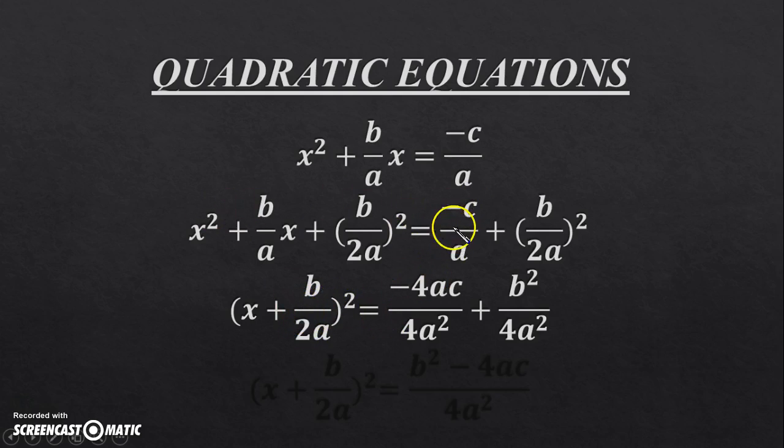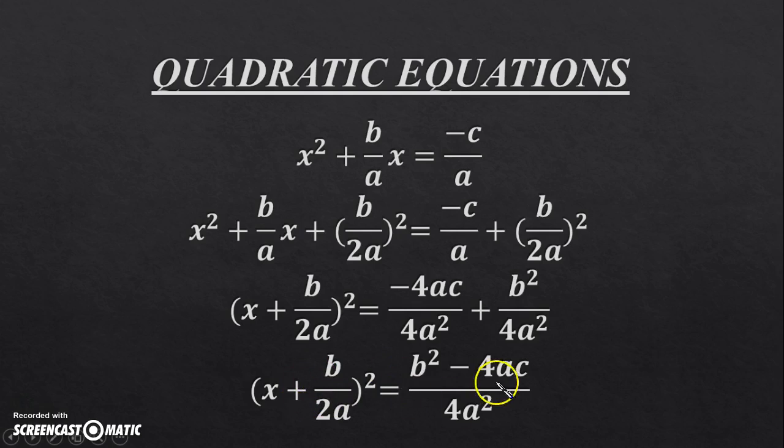Over here we're going to have 4a squared, b squared divided by 4a squared, and we want both numbers to have the same denominator, so we're going to multiply this by 4 over 4, because 4 over 4 is just 1. So we have negative 4ac over 4a squared plus b squared over 4a squared, and this is the whole thing in parentheses squared.